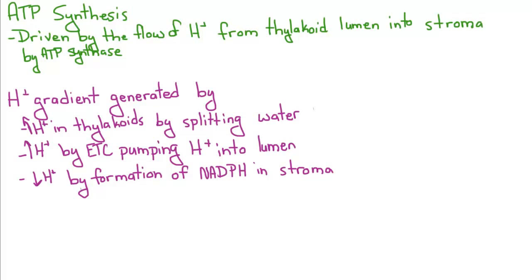And the hydrogen gradient is generated by the addition of hydrogen ions in thylakoids by the splitting of water, the addition of hydrogen ions by the electron transport chain pumping hydrogen ions into the lumen, and the removal of hydrogen ions by the formation of NADPH in the stroma. And it's a removal because you take those hydrogen ions and stick them on to NADP to form NADPH.